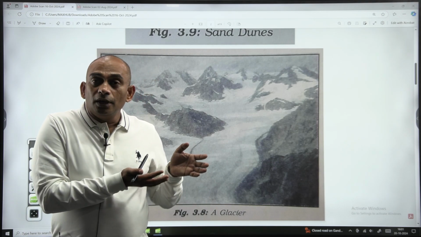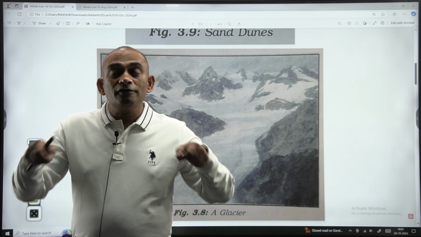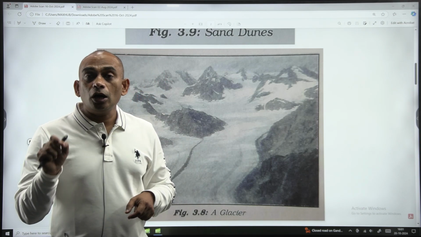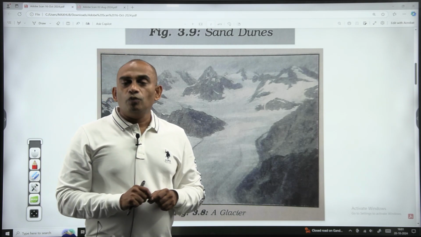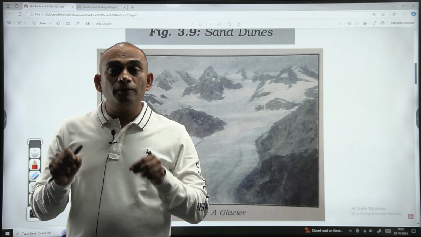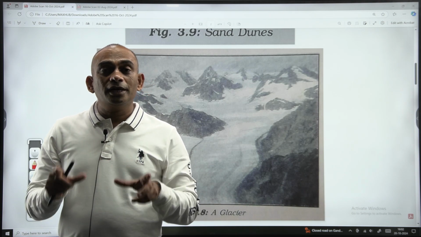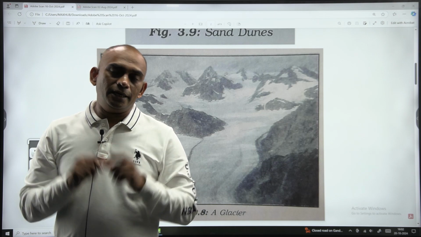While moving down, it also carves out a deep hollow structure. Whenever ice melts, these hollow structures get filled up with water, and that hollow structure becomes a lake.